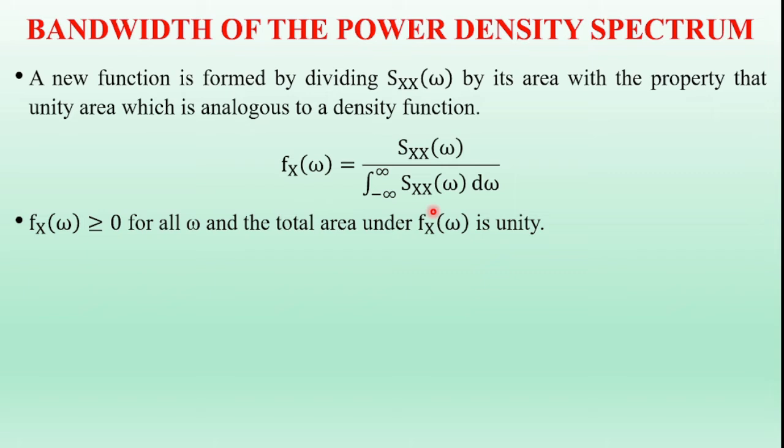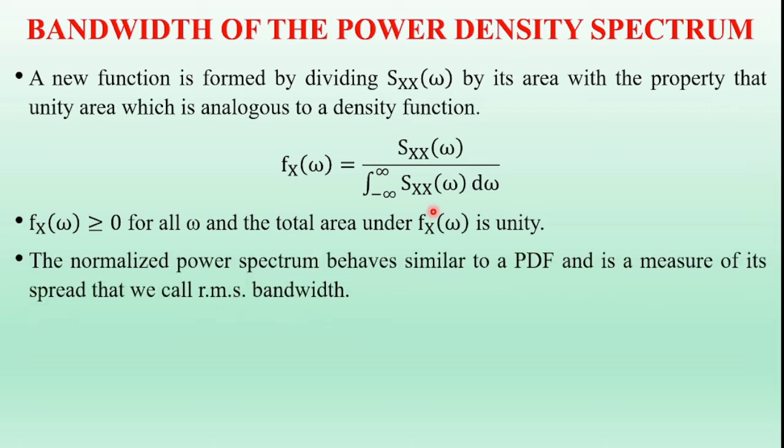Okay, the power spectral density of the random process is always real and non-negative. The normalized power spectrum behaves similar to a probability density function, and it is a measure of its spread that we call RMS bandwidth.